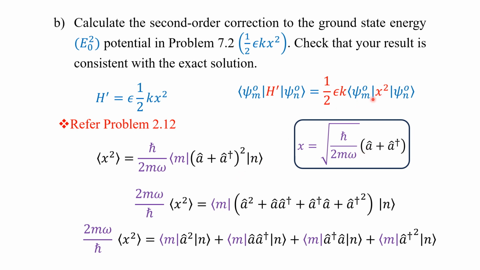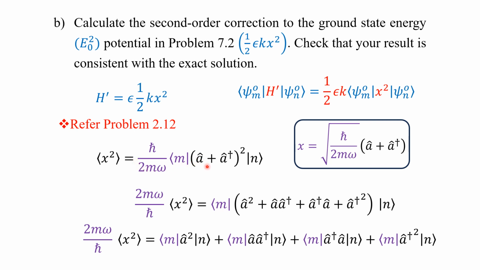In this example, we have to find the expectation value of this. So x squared will become h cross divided by 2m omega. Since it's a constant, I am taking it out of the inner product.